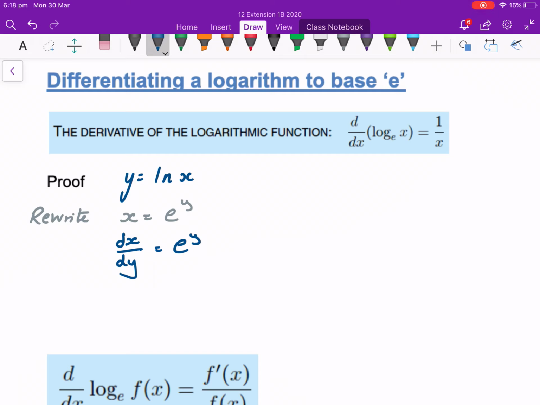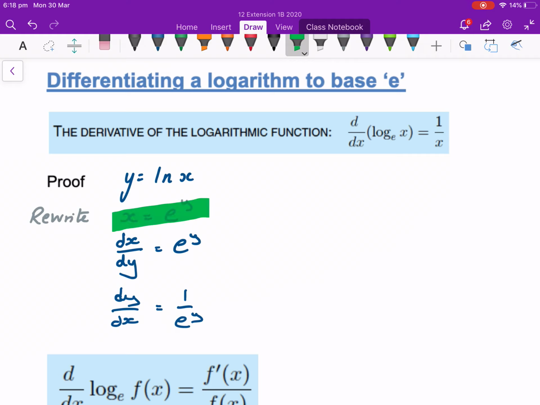Now, just a reminder, this is what we're being tasked to differentiate. Given that fact, we want to find an expression for dy on dx. So therefore, we're going to take the reciprocal of this: dy on dx equals, on the right-hand side, the reciprocal of that, which is 1 on e to the power of y. Now, from above, we already have an expression for e to the y.